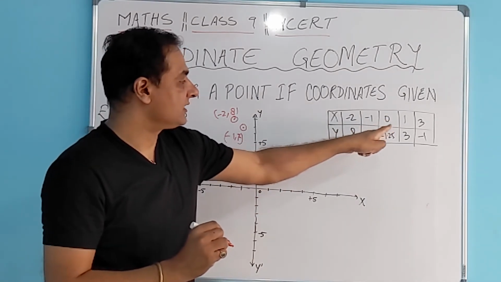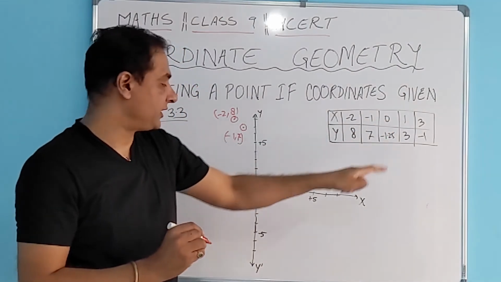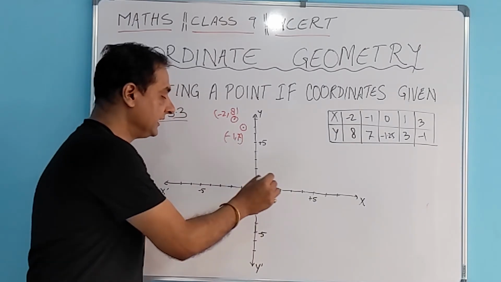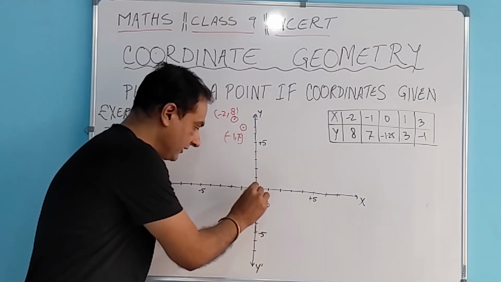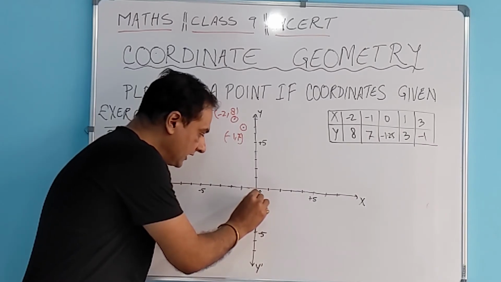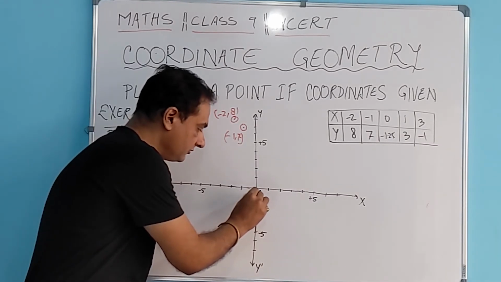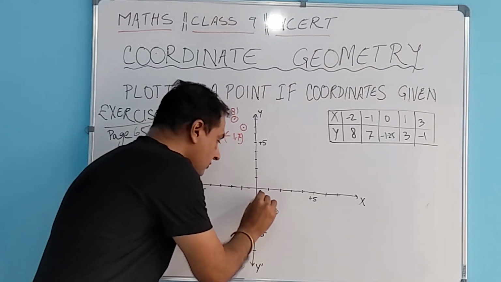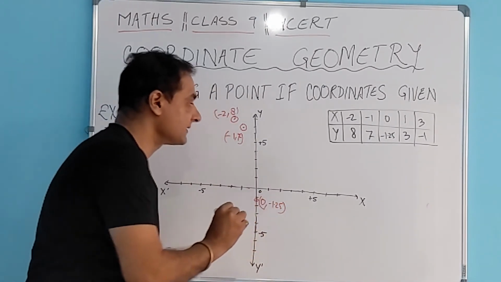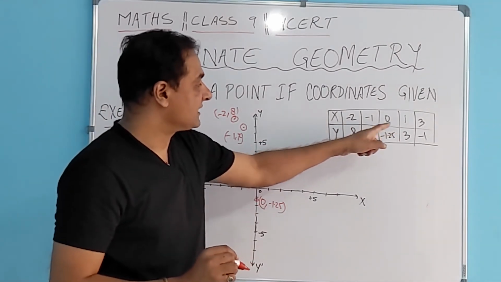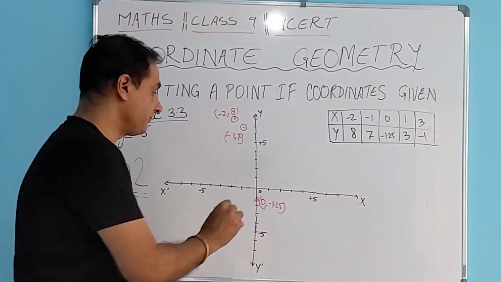Third point is 0 minus 1.25. 0, it will lie on the y-axis, and then we go negative 1.25. So little bit far away from 1, which is -1. So it is 0 minus 1.25. Here it is.